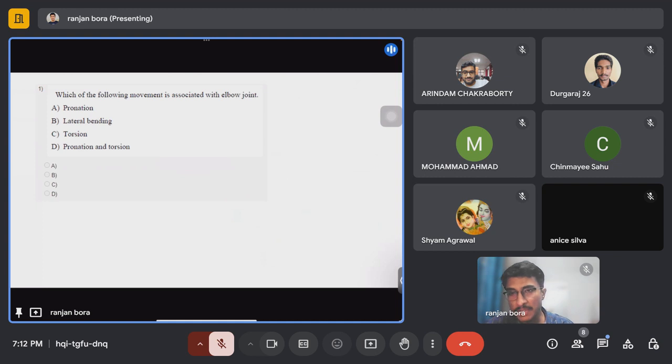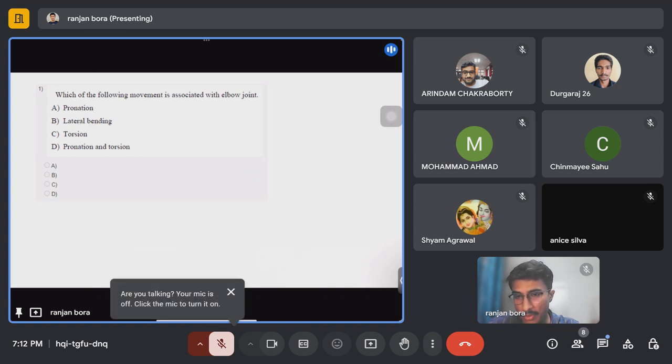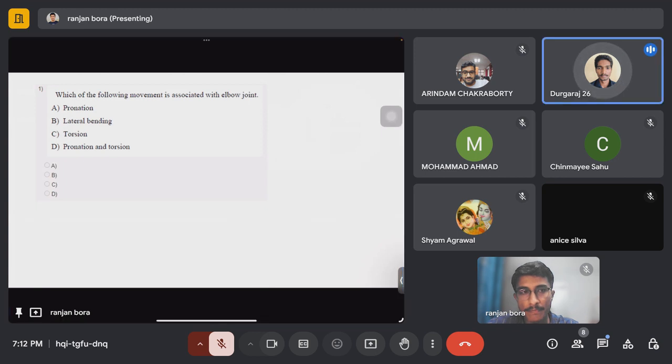So first I will solve the week 2 assignments. I hope all of you have submitted the assignment. This was the first question. Which of the following movement is associated with elbow joint? Very easy question. What is the answer? Pronation.